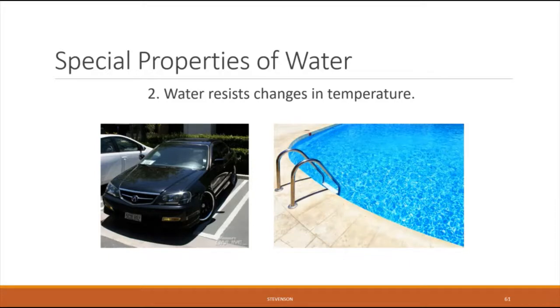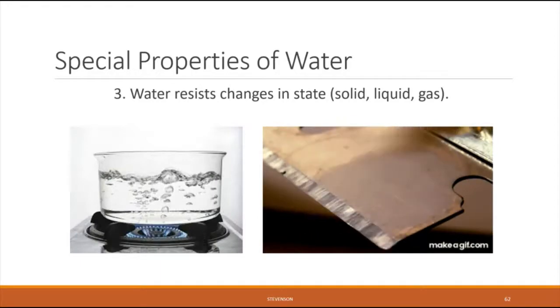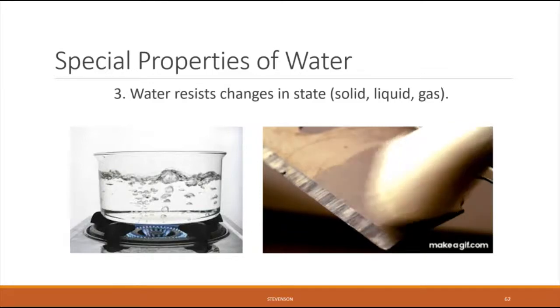Likewise, for the same reasons, we're brought to property number 3, which is that water resists changes in state. This means that it resists transitions from solid to liquid to gas. And when a sample transitions from solid to liquid to gas, what's happening on a molecular level is the molecules are spreading out.